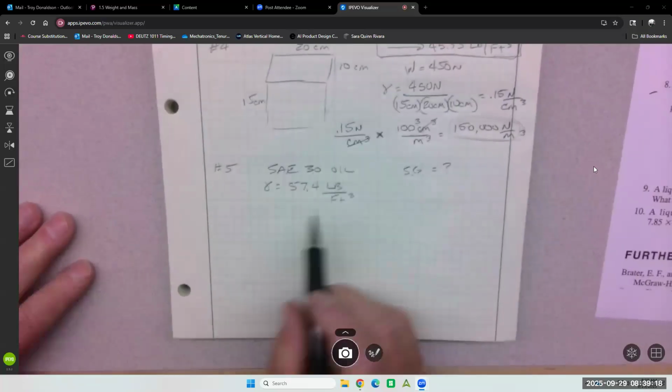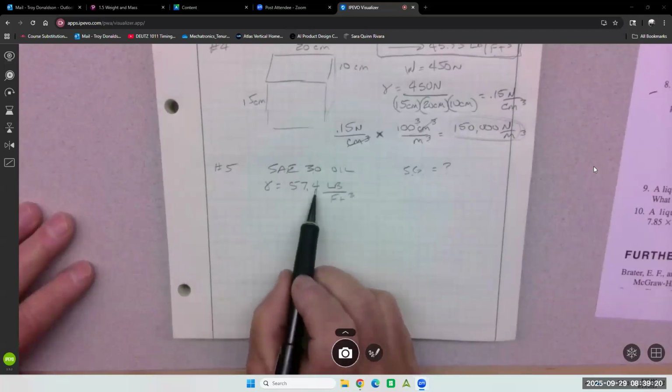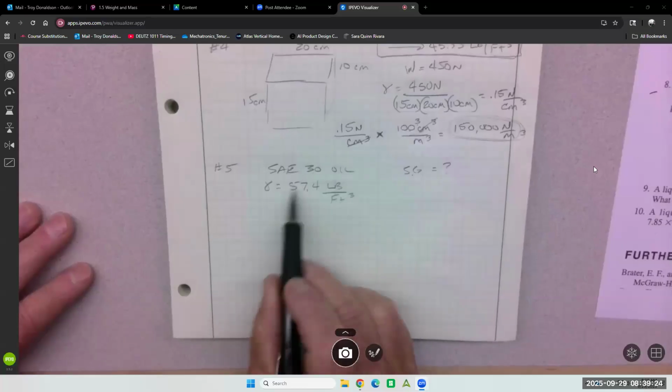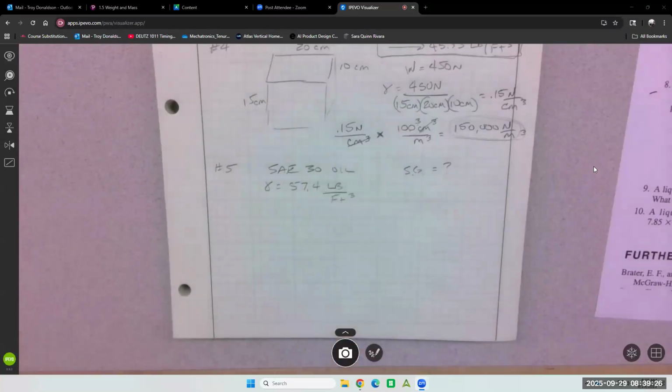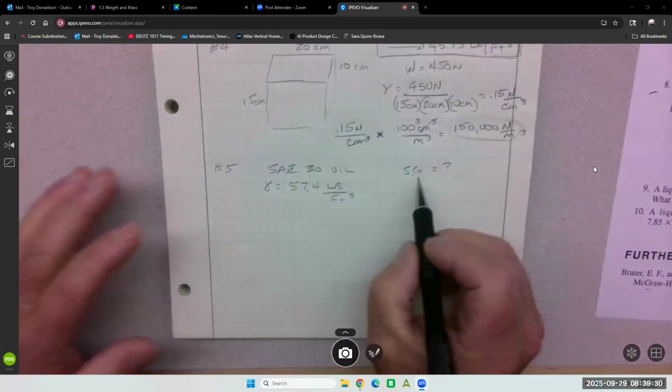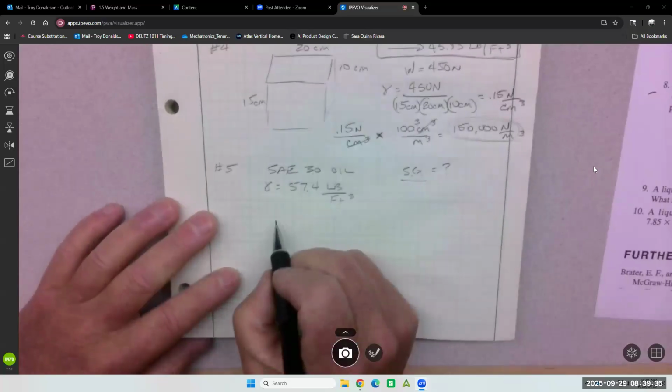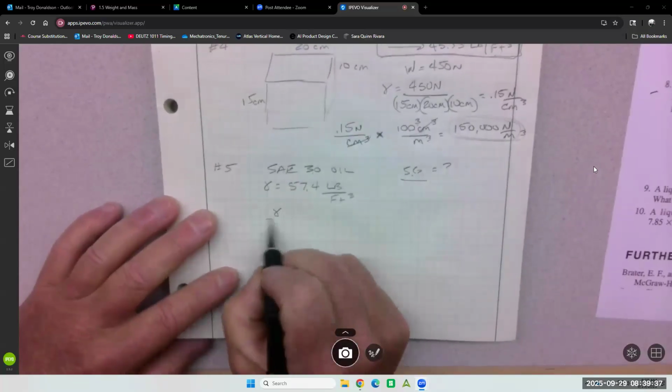All right, so they gave us the specific weight at 57.4 pounds per foot cubed, which is not too far off of water, 62.4. But then they asked for the specific gravity. And remember that that's just a comparison of a substance to water.